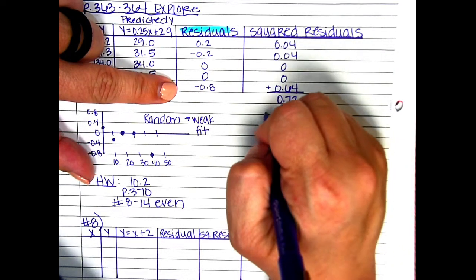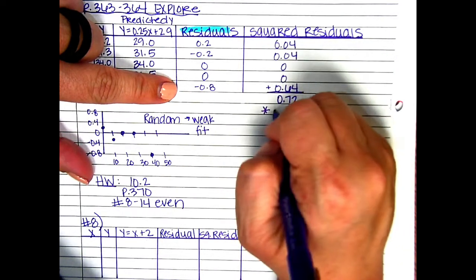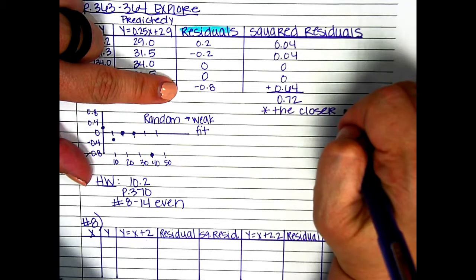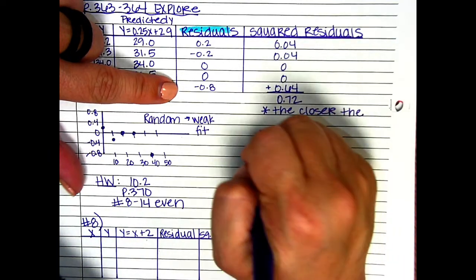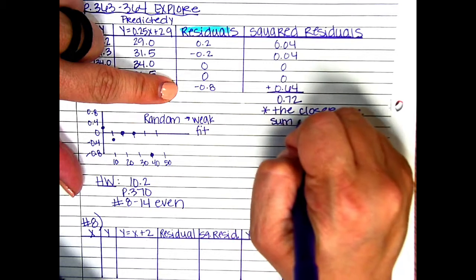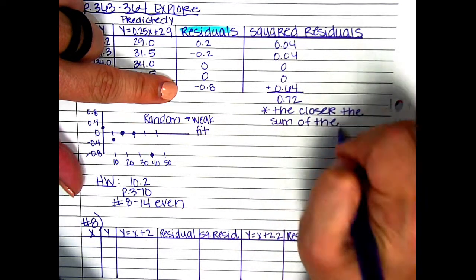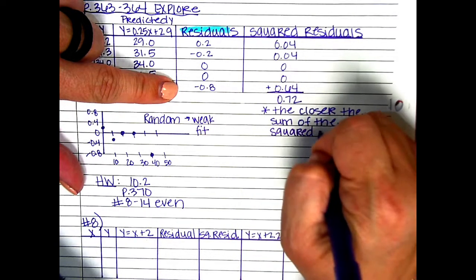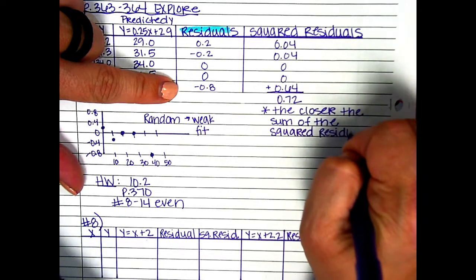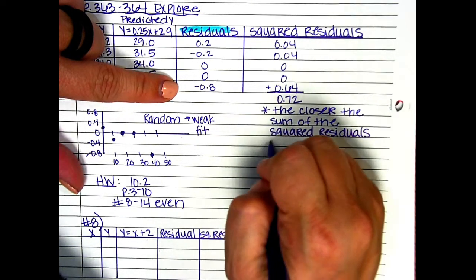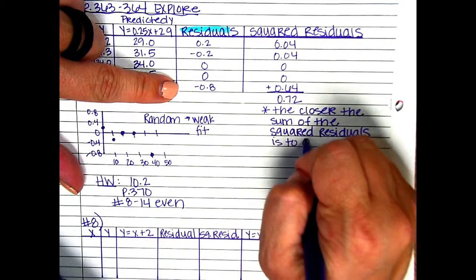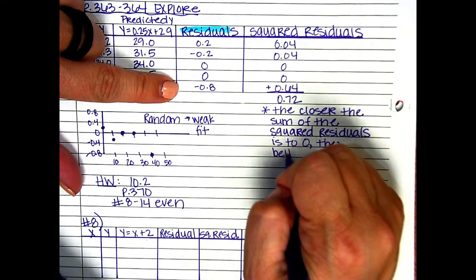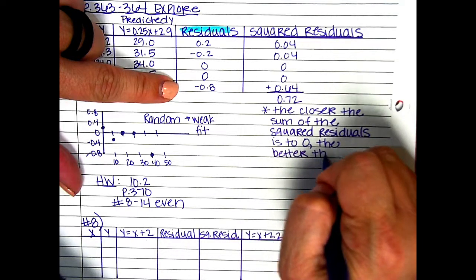And this will tell us, because the closer the sum of the squared residuals is to 0, the better the fit.